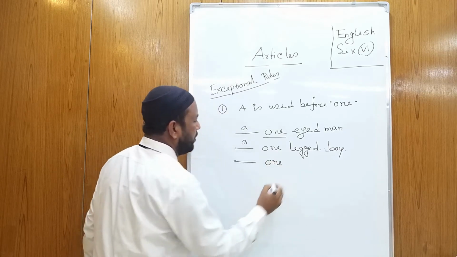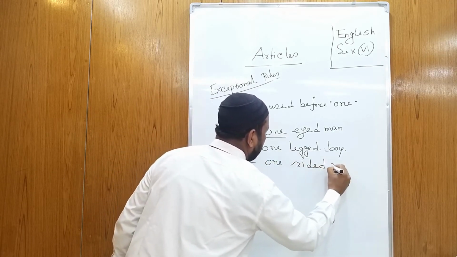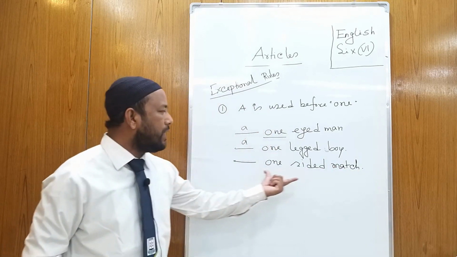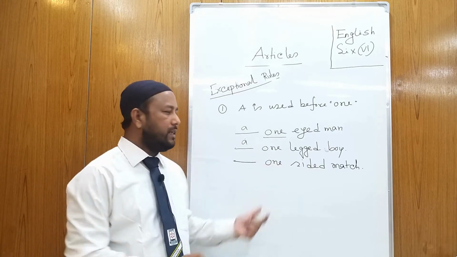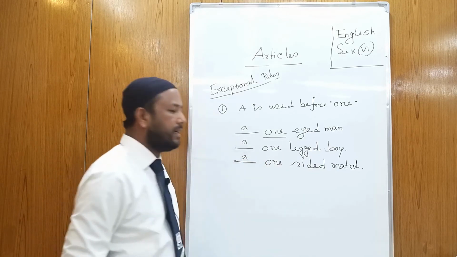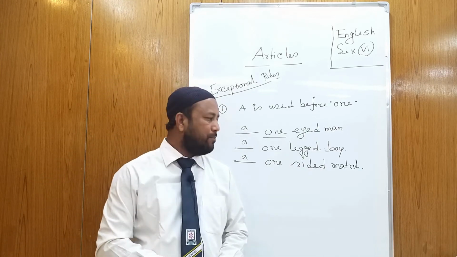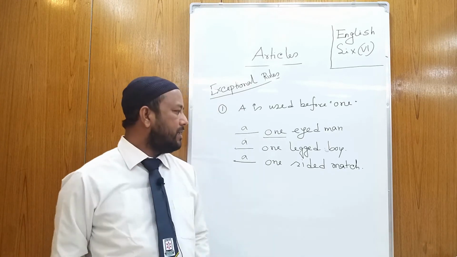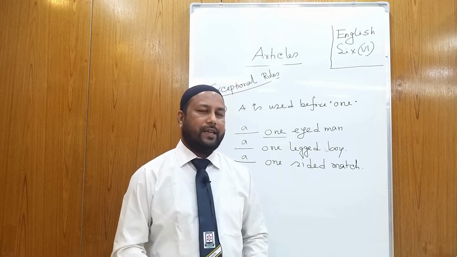Another example is a one-sided match. Here the first word is one, that's why we use a. Do you understand what a one-sided match is? Let me make it clear to you. Suppose a match between Bangladesh and Argentina, they played a football match.